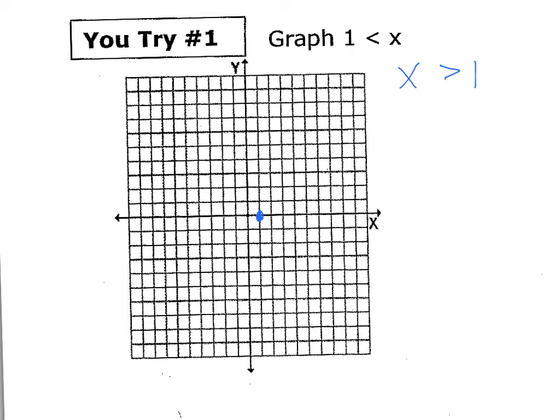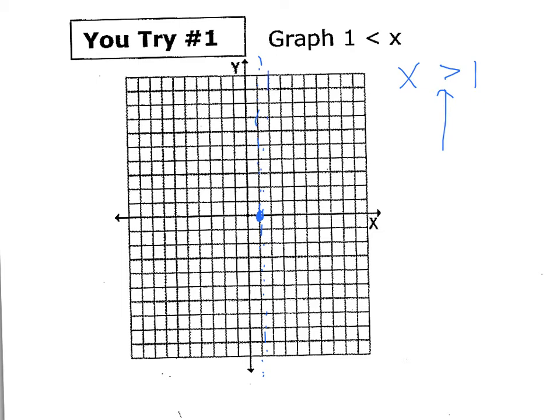And what type of line should we draw? We know that it needs to be a vertical line. And since we have an inequality without a line underneath it, we're going to have a dashed line.